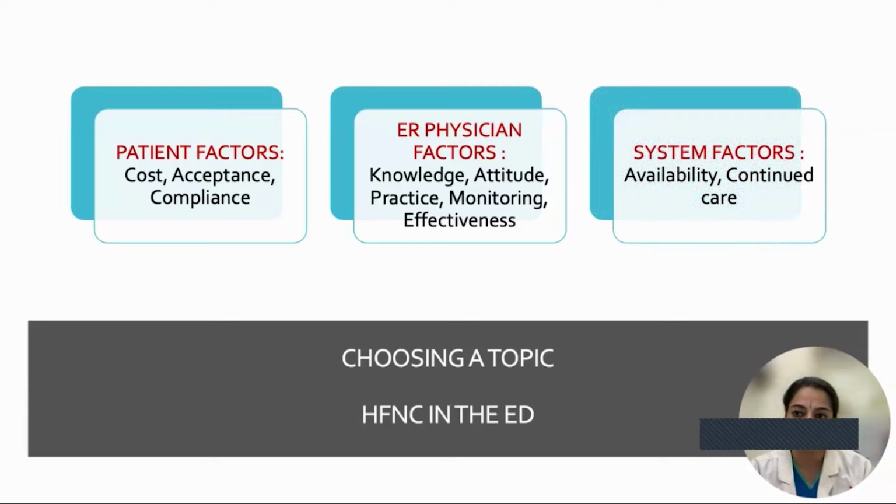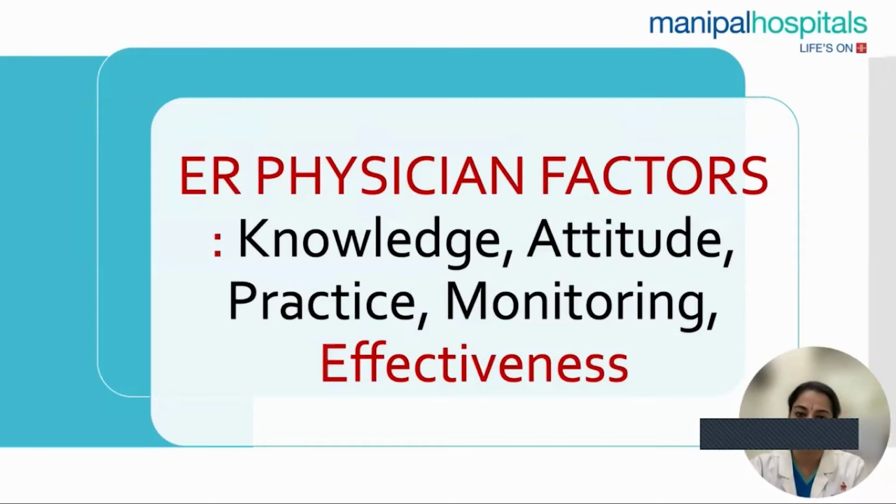You cannot do a study on a topic where you are initiating in the ED and there is no continuum of care, especially when you're choosing something like HFNC. So when I look at all these topics, I can do so much with HFNC in the ED, but I'd like to keep it clinical and I'd like to look at effectiveness, focusing on the physician factors.